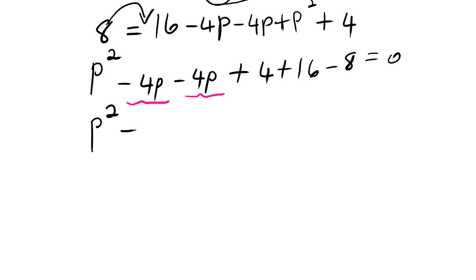Then other terms with no variable, this one and this one. So we have p squared, negative 4 minus 4, it's negative 8p. 4 plus 16, it's 20. 20 minus 8, it's actually positive 12. It's equal to 0.